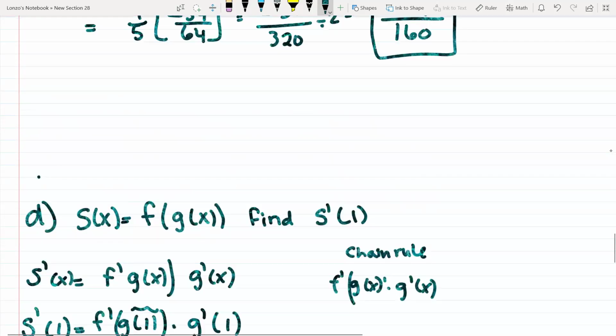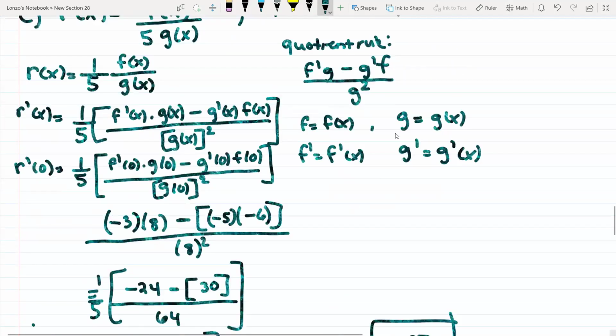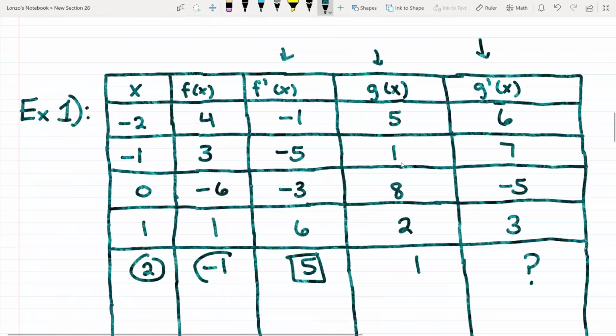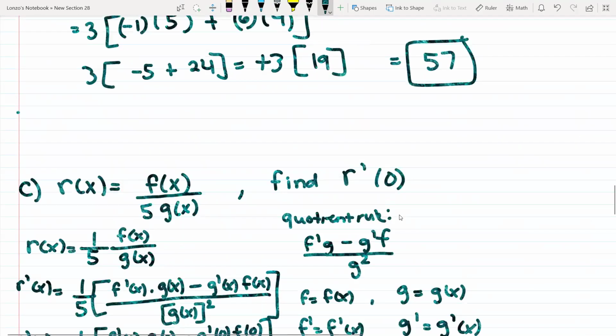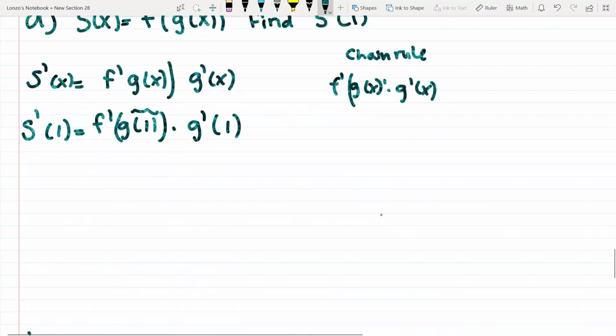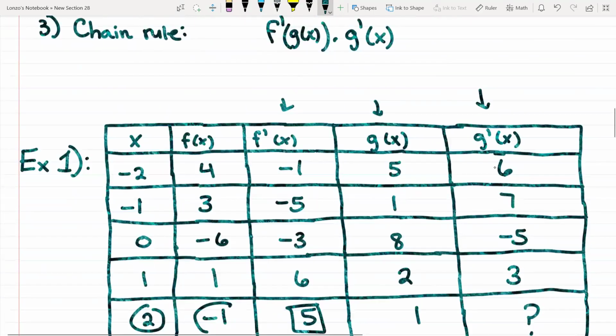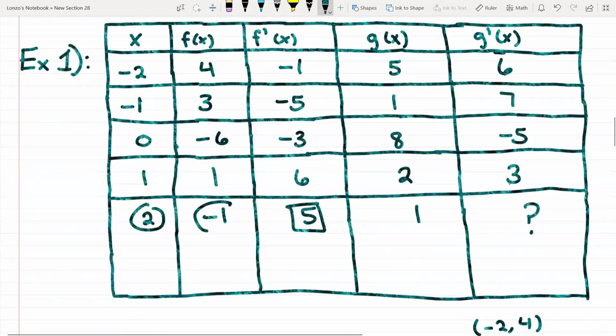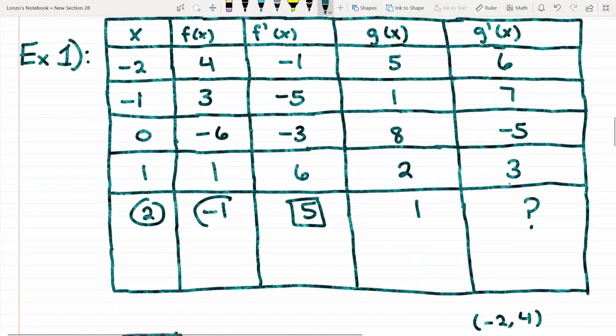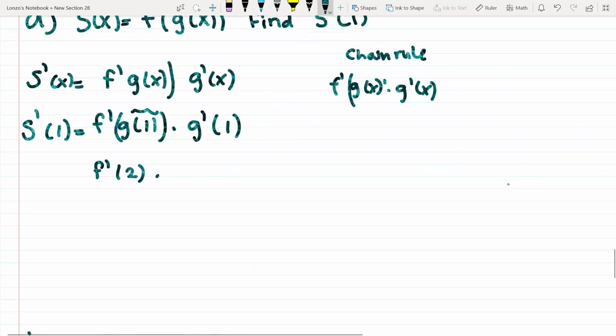If you look at your table, g of 1 spits out a 2. So g of 1 is 2. So it's going to be f prime of 2 times g prime of 1. Here's g prime of positive 1, which spits out a 3. This is 3.